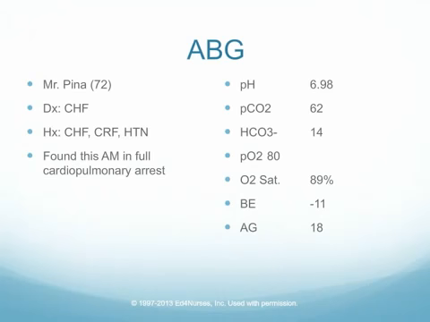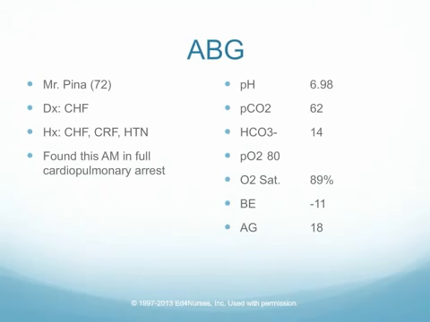Next, we look at the next two values. Our base excess of minus 11 indicates that we have a severe metabolic acidosis. So a great proportion of this acidosis is coming from the metabolic system. So you go back up to the top part of your screen there and you're looking at the CO2 and the bicarb and you think, well, we have both an acidosis coming from the lung and from the metabolic system.